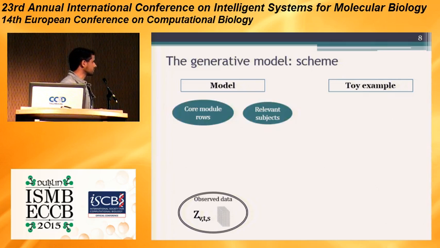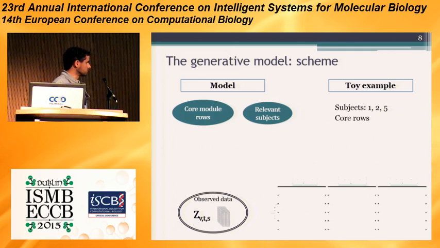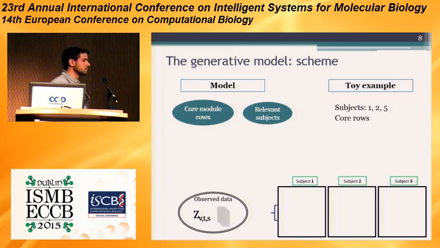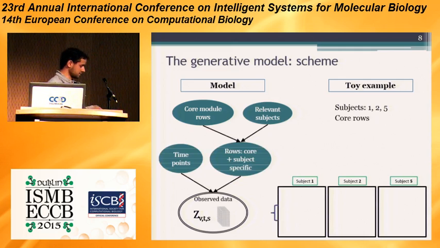We have a first layer of the module that determines what is shared across patients. Here we select the core module rows and the relevant subjects. In our example, we had subjects 1, 2, and 5, and the core module rows in the area A. Now, given the information that is shared across subjects, we can ask in the second layer, what is subject-specific? Here we need to model the time points.